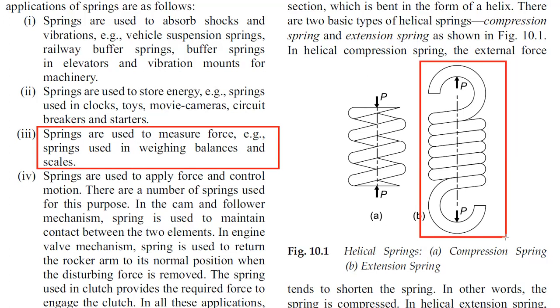According to how much the spring is expanded, with the use of stiffness, you can calculate the weight of the component. So in weighing machine scales, people are using the spring.